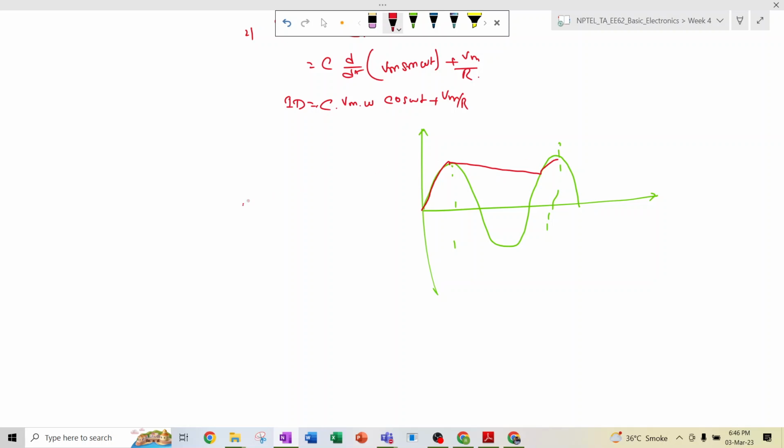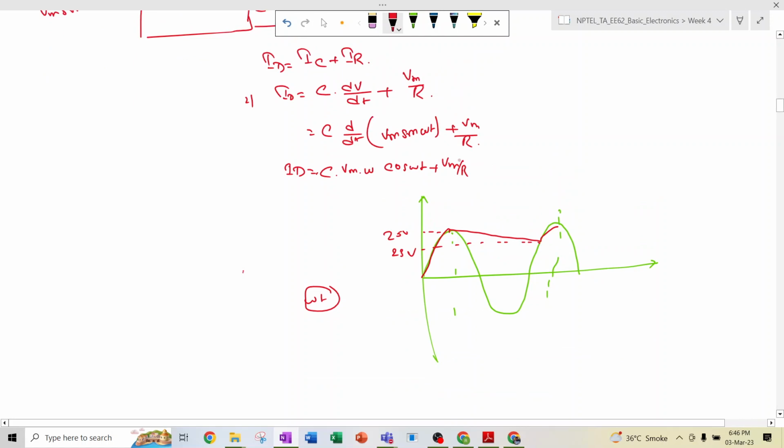So it discharges till 23 from 25 volt. So we need to find out the value of omega t, right?